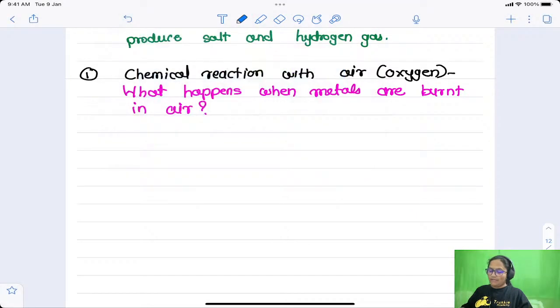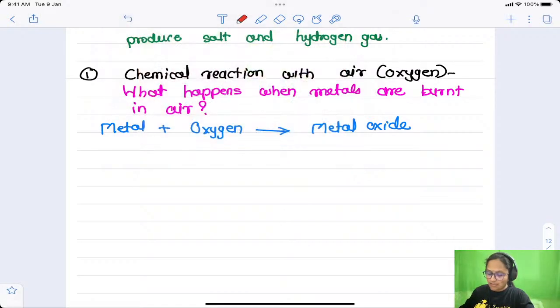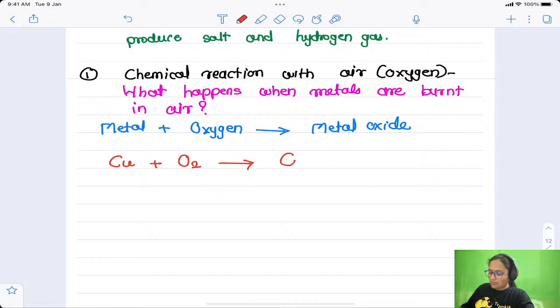As I have already told you, the metal will combine with oxygen and produce the metal oxide. Let us see some examples one by one. The first example is copper. When it reacts with O2, it gives CuO.